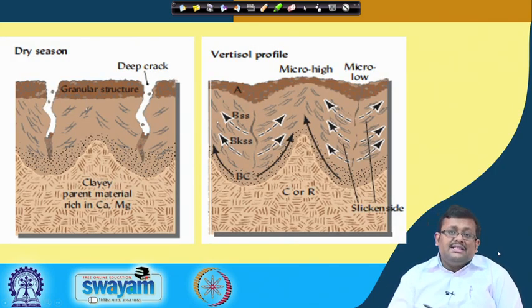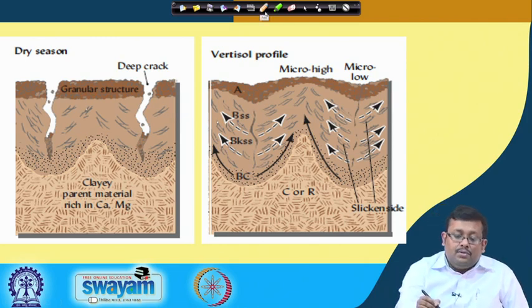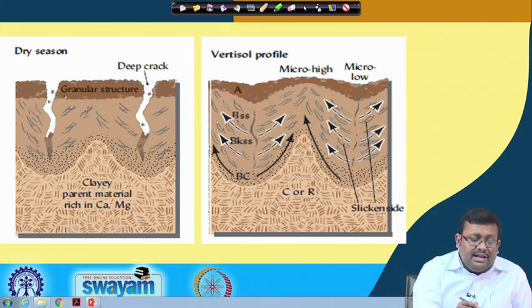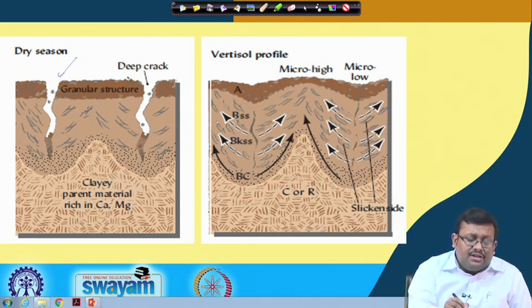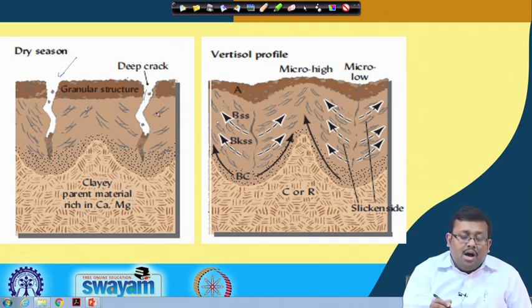As I have told you, during the dry season the vertisols develop these large cracks, and in these large cracks the surface soil particles generally move in due to wind action or animal action, and then they seal these cracks.